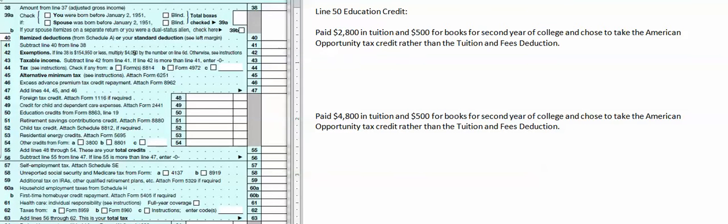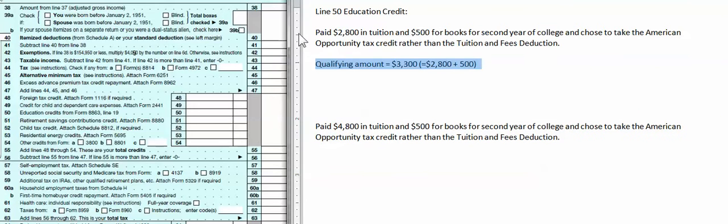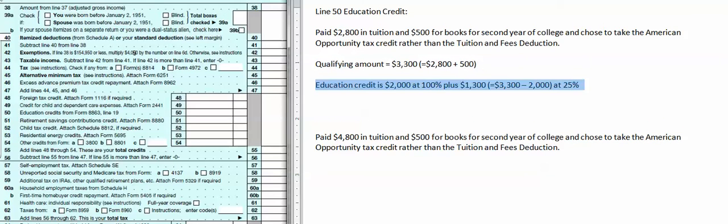So let's go through what qualifies. What qualifies is your full $3,300 here, because it's spent on tuition, fees, and course-related materials. Of that $3,300, though, not all of it is a credit. The first $2,000 is at 100%. So the first $2,000 you spend, you get 100% of it.